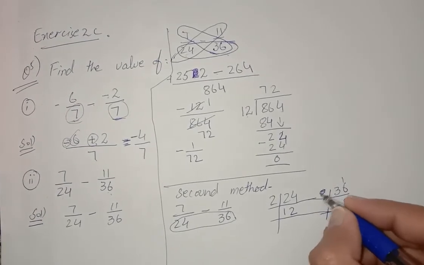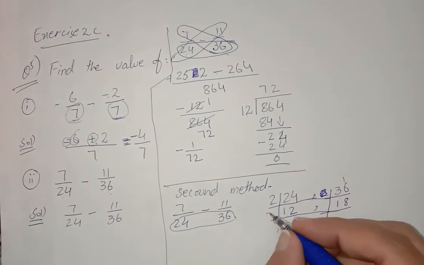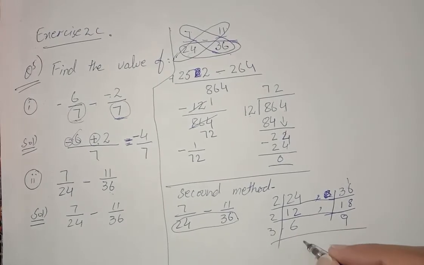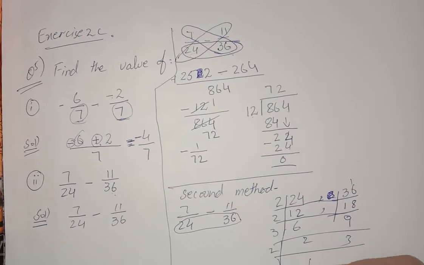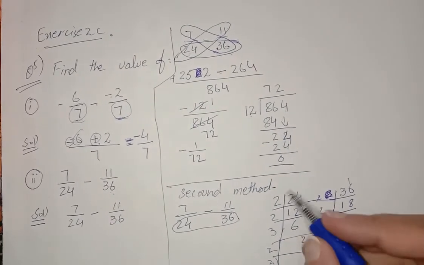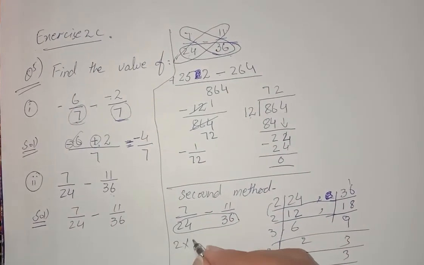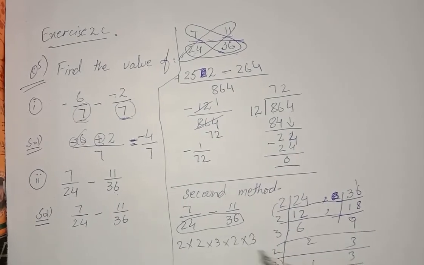Means both these numbers are divided by 2. 2 6s are 12, 2 9s are 18. Now 3 1s are 3, 3 2s are 6, 3 3s are 9, and 2 1s are 2 and 3 1s are 3. So the answer is 2, 2, 3, 2, 3. 2 multiplied by 2 multiplied by 3 multiplied by 2 multiplied by 3.